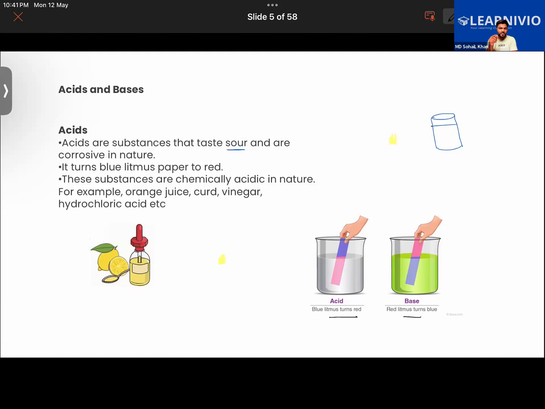We are going to learn why it happens. With this example we can understand that turmeric is yellowish in color, and when it comes in contact with a basic substance, it turns red in color.